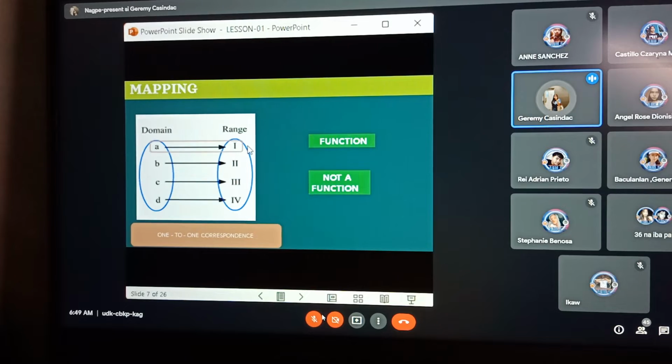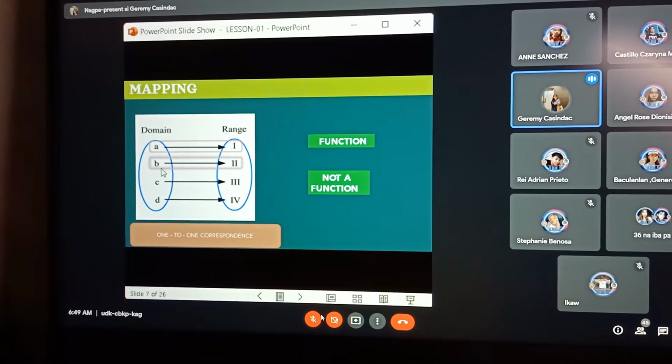So bakit natin nasabing 1-to-1 correspondence? Let's proceed to B and Roman numeral 2. So one domain and one range. Next we have C and Roman numeral 3, and lastly D and Roman numeral 4.